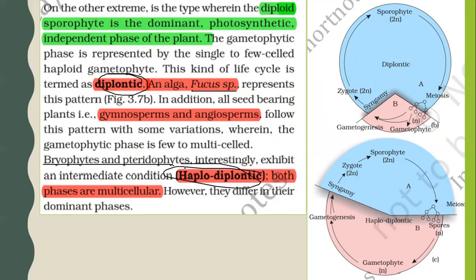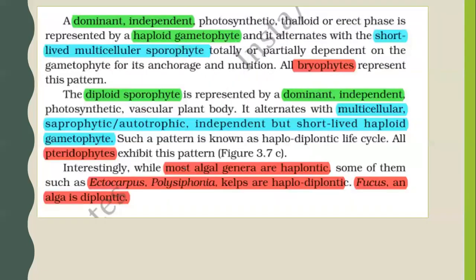I have explained in detail what haplontic, diplontic, and haplodiplontic are. The playlist is there; refer to the last video, video number 5 on plant kingdom, where you will find alternation of generation. The diagrams are very important.